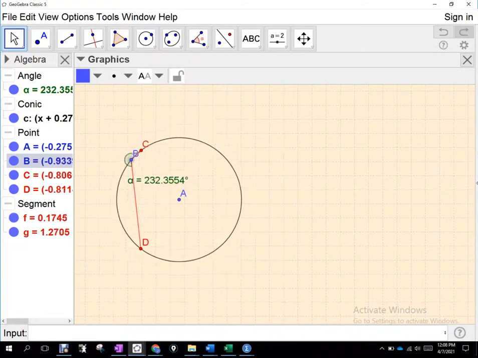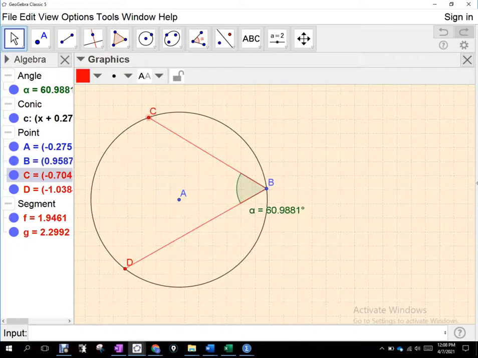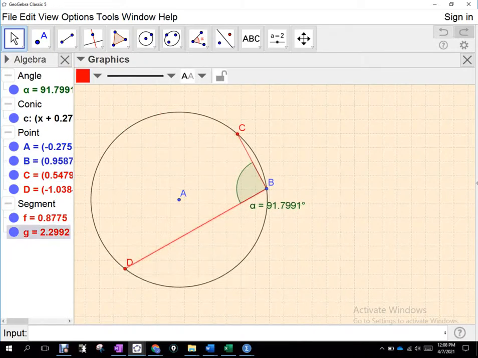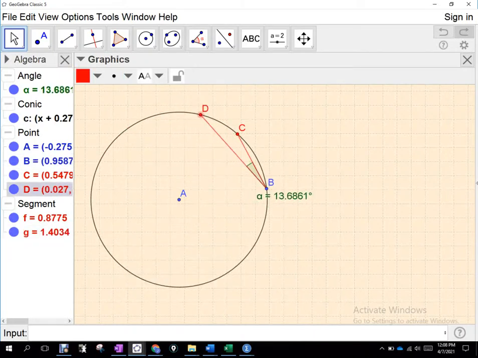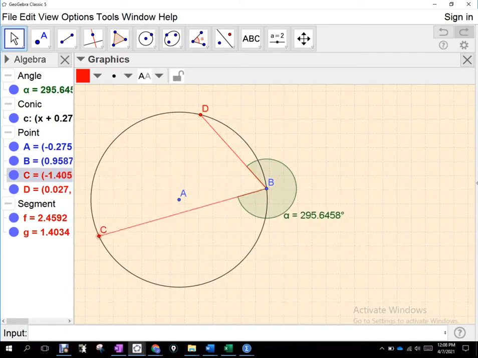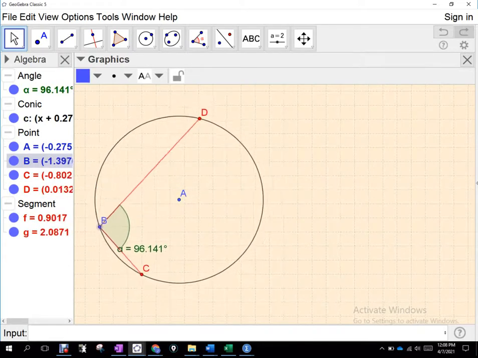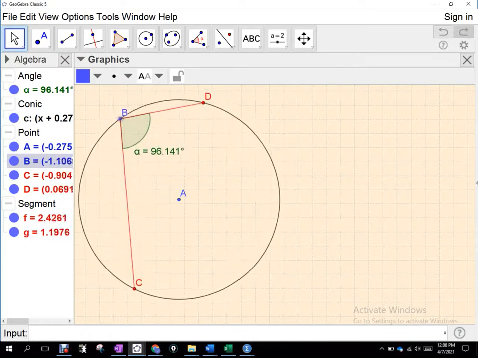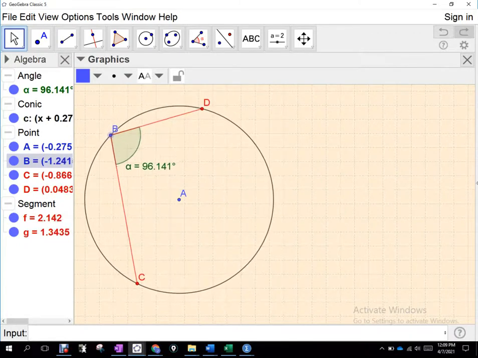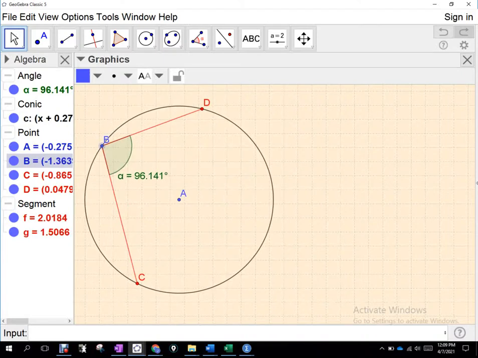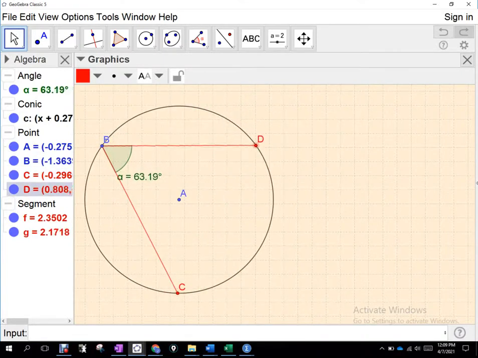Because of my location of C and D, let's move C and D. I think this will work. And now move that over there. There we go. We can see it over here, still an inscribed angle. Is that all right with everybody? And the size of that inscribed angle changes as I move point C and point D.